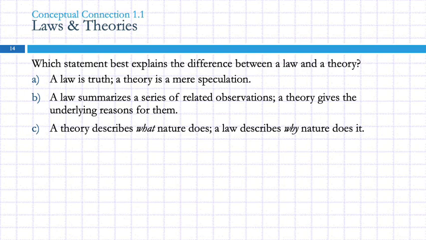B. Yeah, it's B. C is real tempting because I kind of said something very much like that, but what I said was a law describes what nature does, and a theory describes why. So C is exactly backwards.